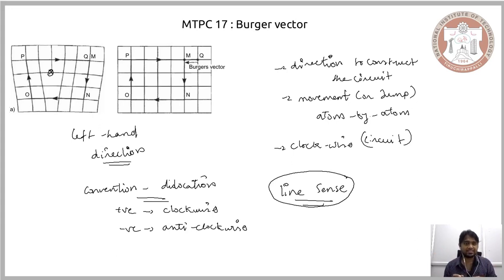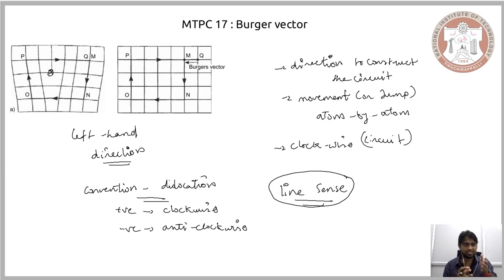So this line sense is a convention that helps us distinguish the positive edge dislocation from the negative edge dislocation. With respect to the name, the line sense helps us understand where you could find the extra layer of atoms with respect to the dislocation line.